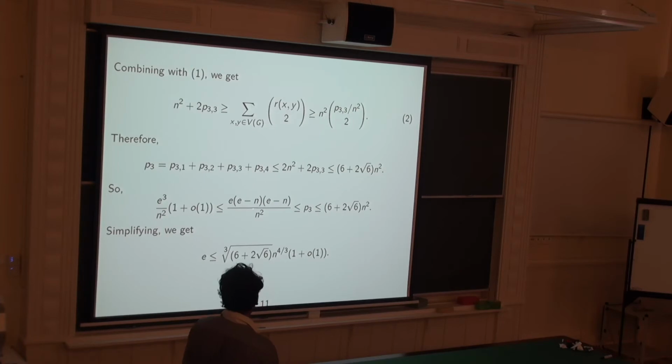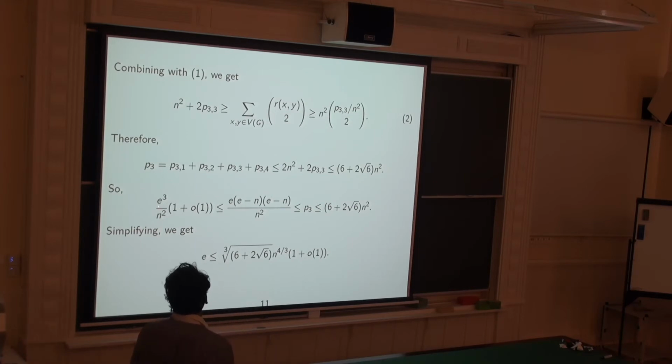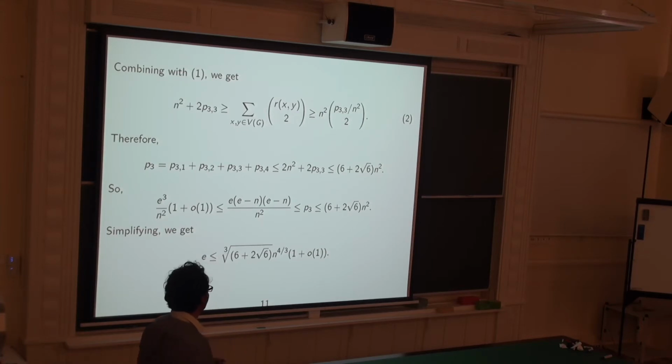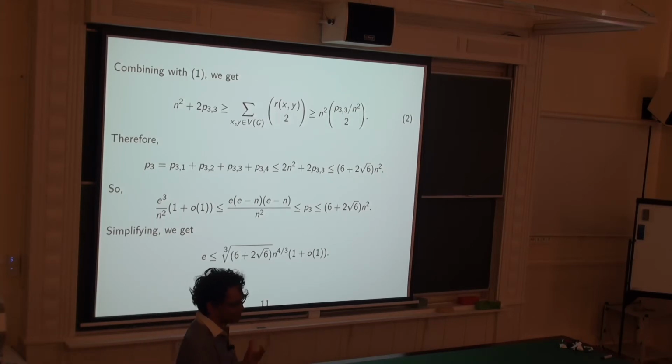And there is a lower bound on the number of 3-paths, which is e cubed over n, where e is the total number of edges. So combining, you would get that the number of edges you can have is at most some constant times n to the 4/3. So this is the proof. Basically, the idea is to double count the total number of C6s that are allowed.